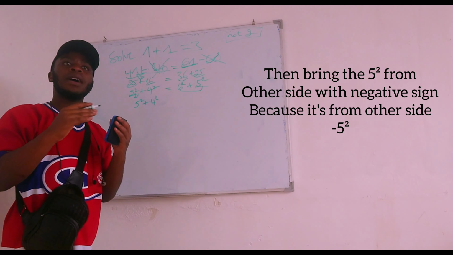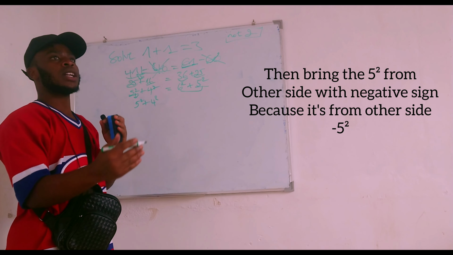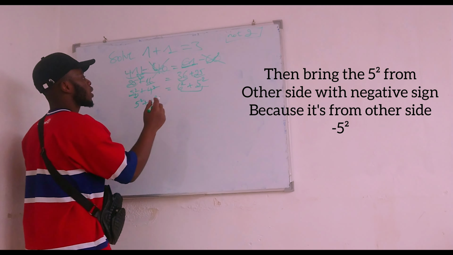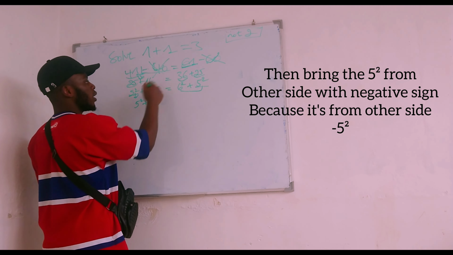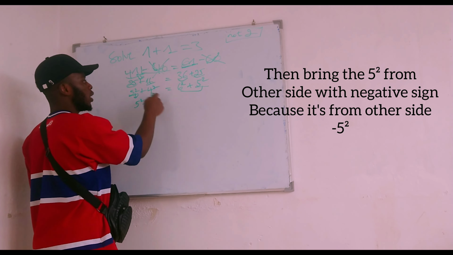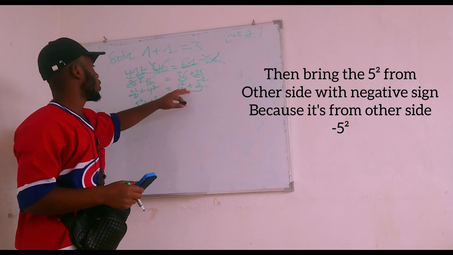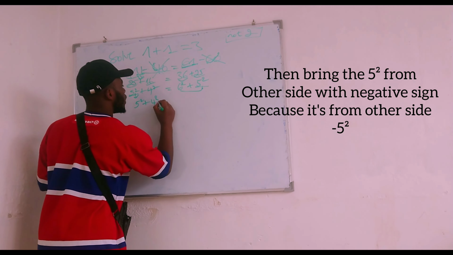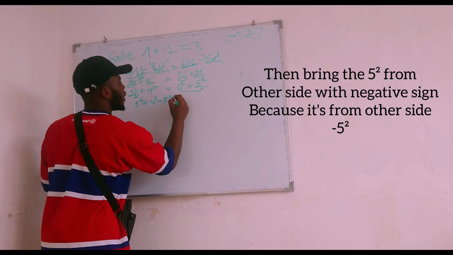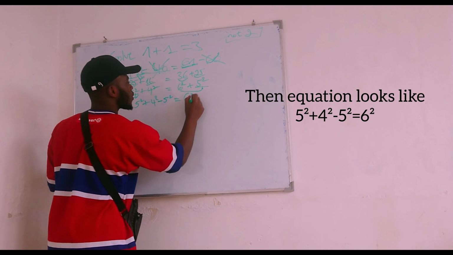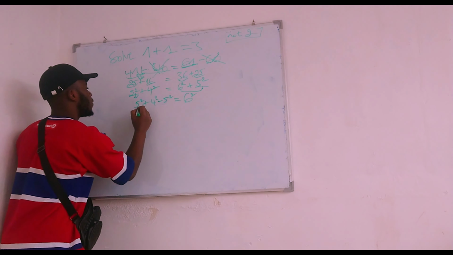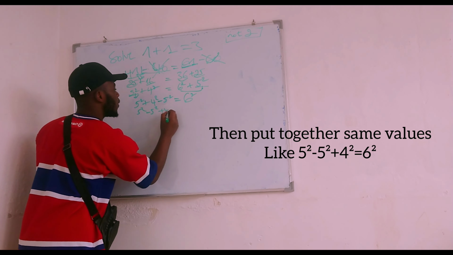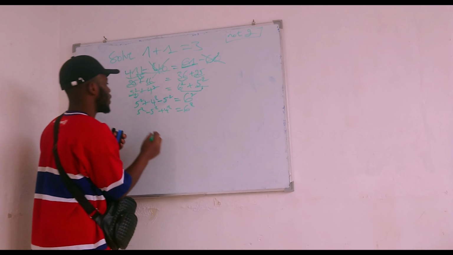If a number comes to the other side, it changes sign, because it comes to the other side and the equal sign is between. Then this will be negative 5 squared equal to this 6 squared. Then 5 squared, negative 5 squared, plus 4 squared equals 6 squared.